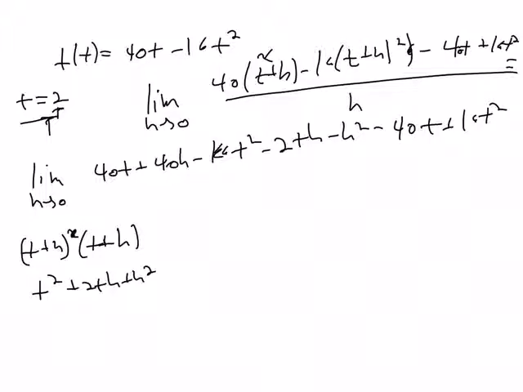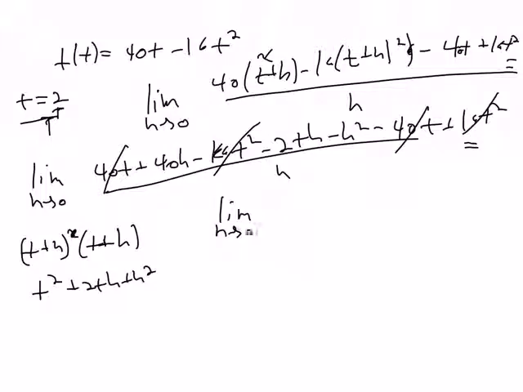So then 40t and 40t cancel, and 16t squared and 16t squared cancel, and we're dividing by h. So next step I'm going to factor out h, so this is the limit as h goes to 0 of h times (40 minus 32t minus 16h) over h, these cancel, and then h goes to 0.